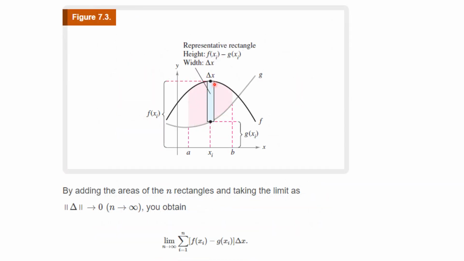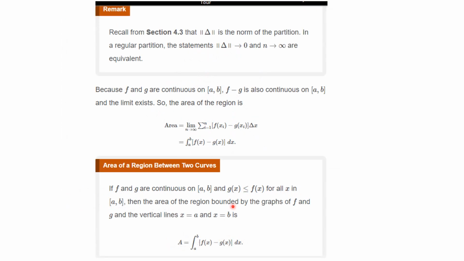Here you're drawing the representative rectangle, and if you add the rectangles together and take the limit as the norm of the partition goes to 0, which implies that n goes to infinity, you obtain this Riemann sum, which is actually the integral from a to b.